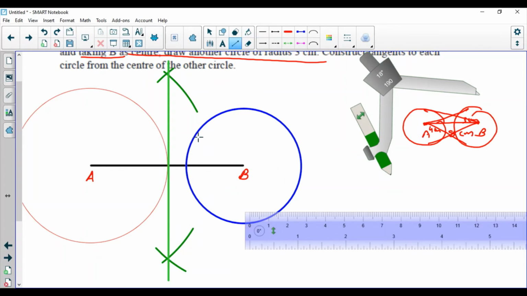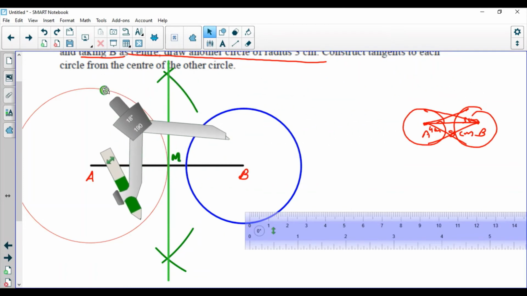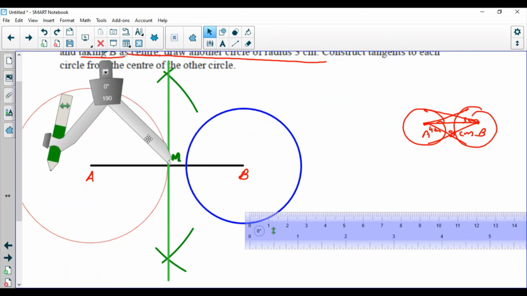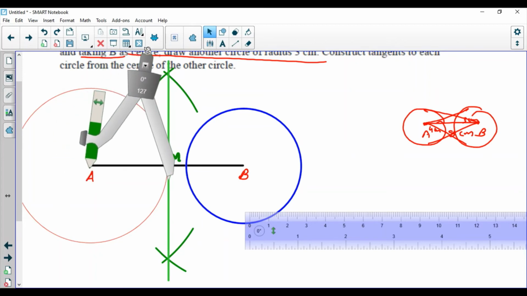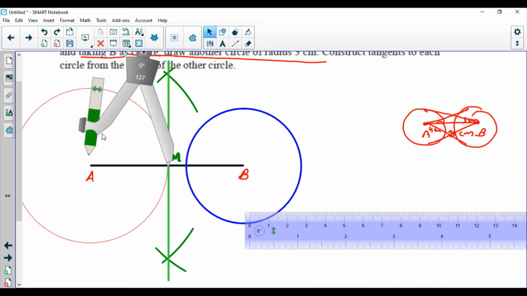Now what we should do? Let this bisector meet AB at point M. So taking M as center, and MA or MB as radius, we have to draw one more circle.